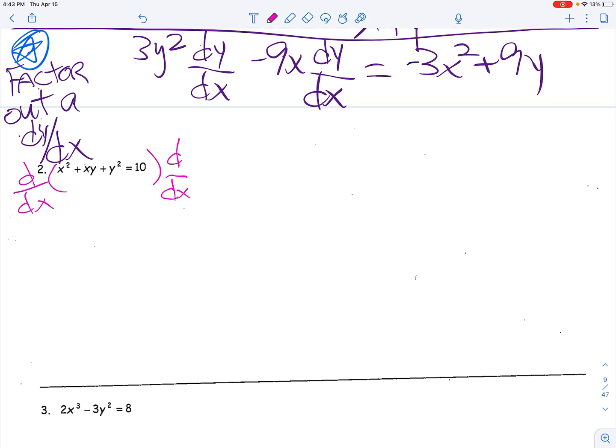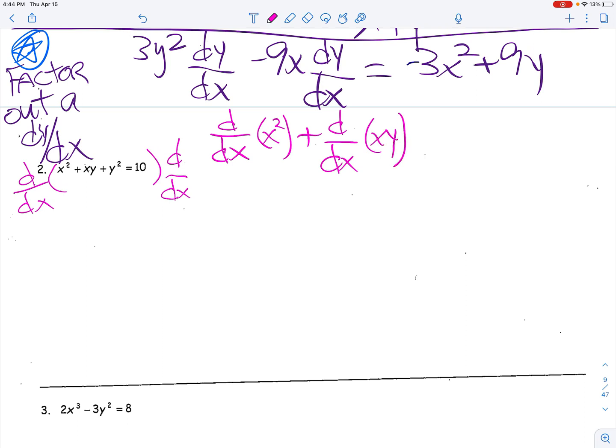Right, remember we're gonna take the derivative of both sides here. Which means you're going to take the derivative of each term, right? That d dx is going to go to each term there.